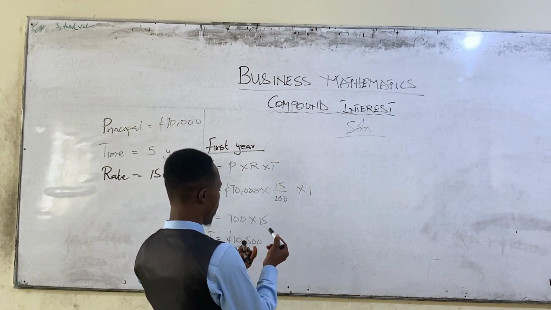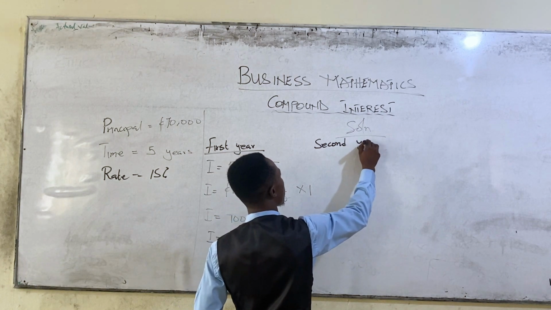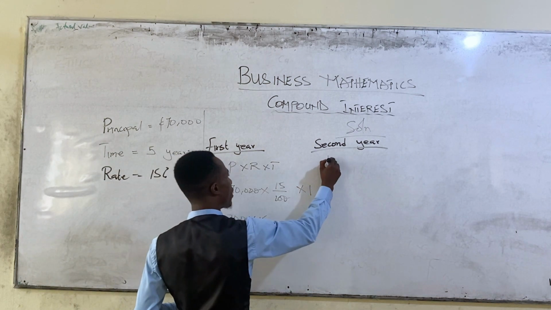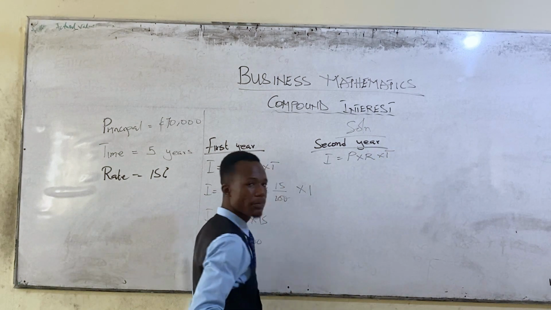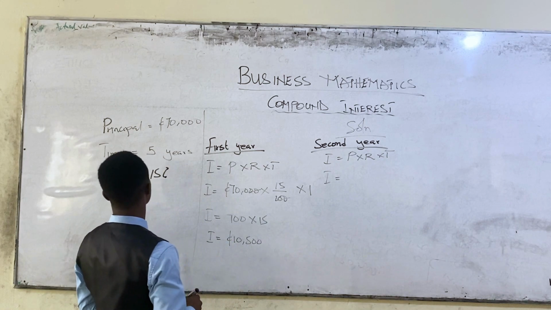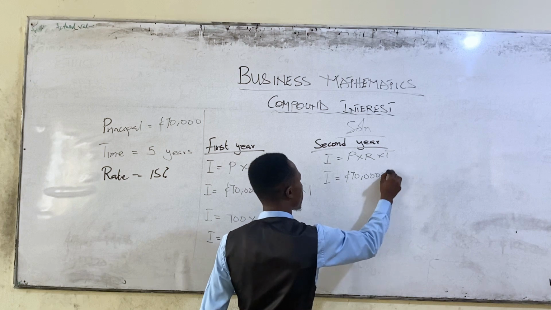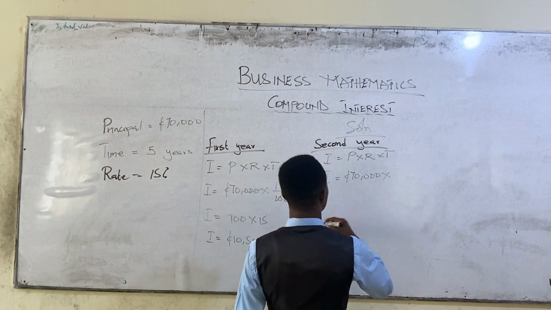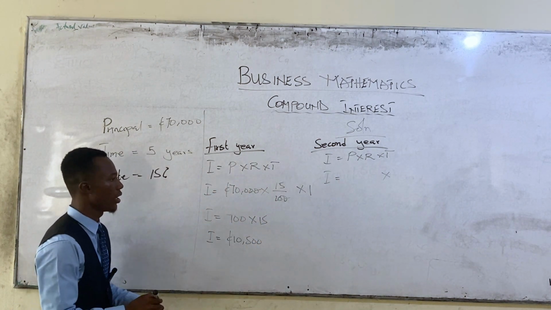Now let's move on to the second year. We are going to follow the same approach. Our interest is equal to principal times rate times time. What is the principal here? 70,000? No, the principal is not 70,000. The principal is the amount after the first year.